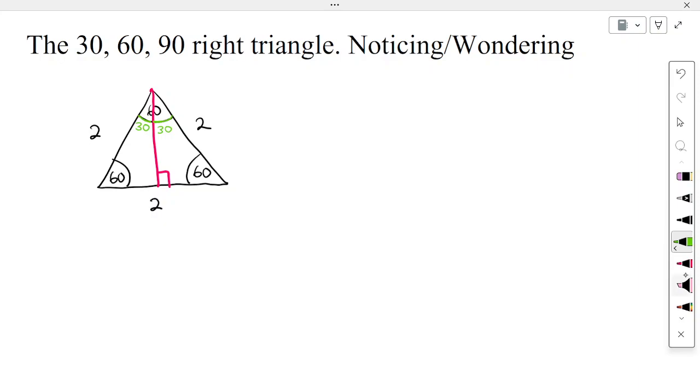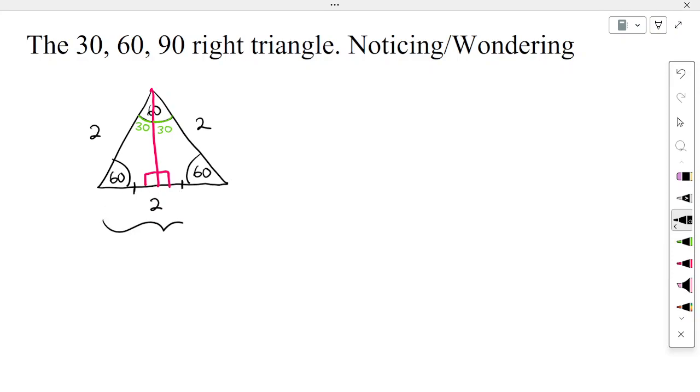I'm not going to do the proof, but we could prove that these two right triangles, because this is also a right angle, are congruent, right, by hypotenuse leg. That's one way we could look at it. If this is the reflexive property, we know that the hypotenuse in both of them are the same and the leg is the same. So they're congruent by hypotenuse leg. And if they're congruent, then that means that this piece must be congruent to that piece.